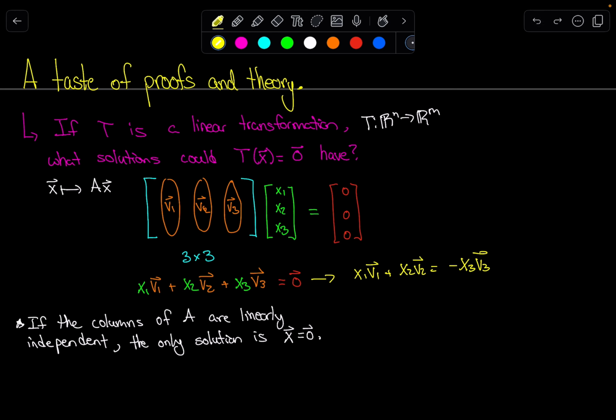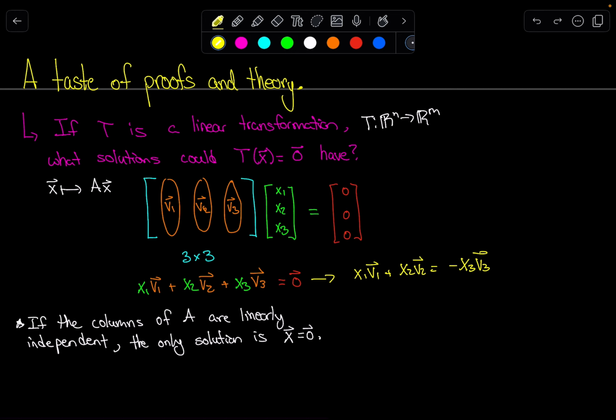That is basically asking, is one of these three vectors a linear combination of the first two? But if they're linearly independent, that cannot happen. So the only solution is x equals 0.